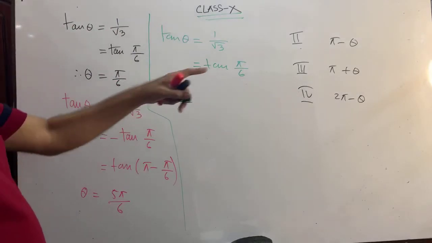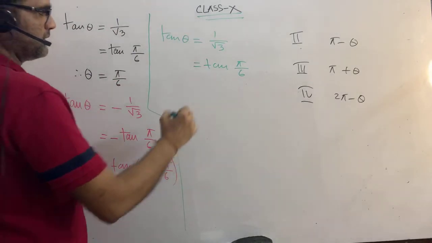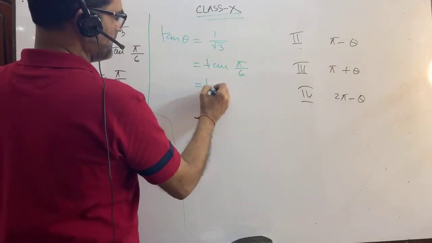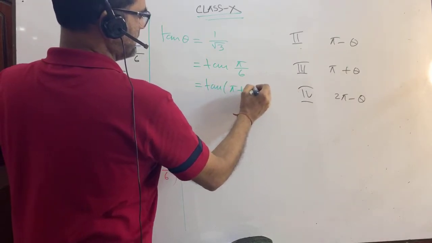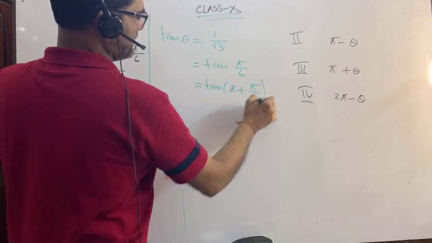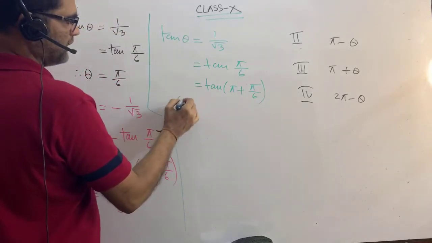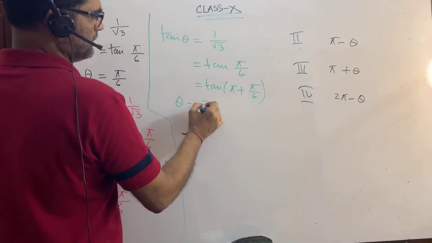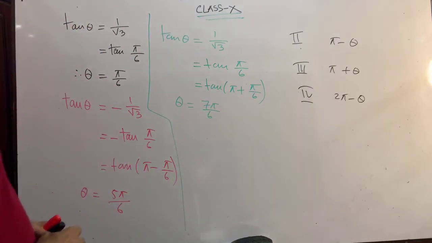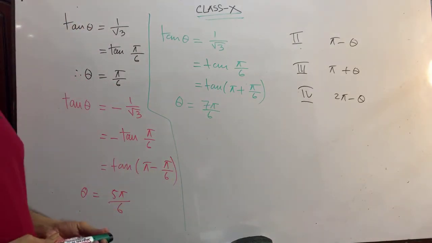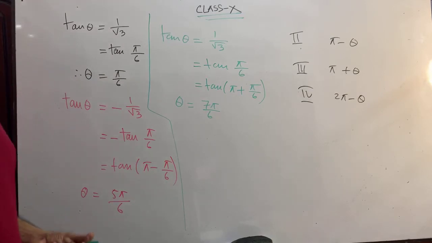What is told here? Pi plus theta for the third quadrant. You write down tan pi plus theta. Theta means what? Pi by 6. Now from here we can write theta equals 7 pi by 6. Okay. From here we can write that theta equals 7 pi by 6.